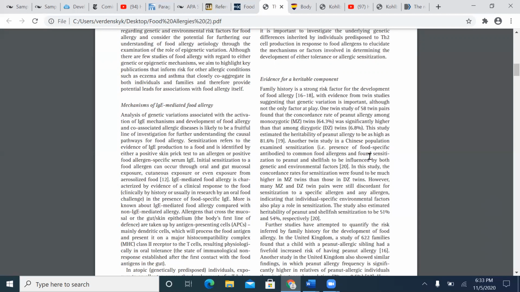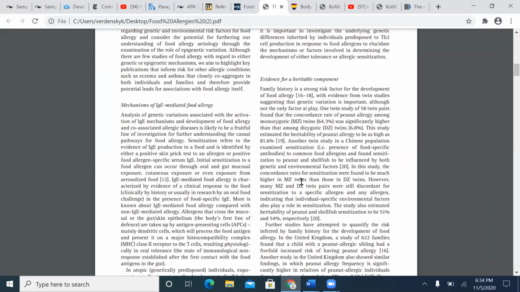Another twin study in a Chinese population examined sensitization, which is defined as the presence of food-specific antibodies to common food allergens, and found sensitization to peanut and shellfish to be influenced by both genetic and environmental factors. In this study, the concordance rates for sensitization were found to be much higher in MZ twins than those in DZ twins.